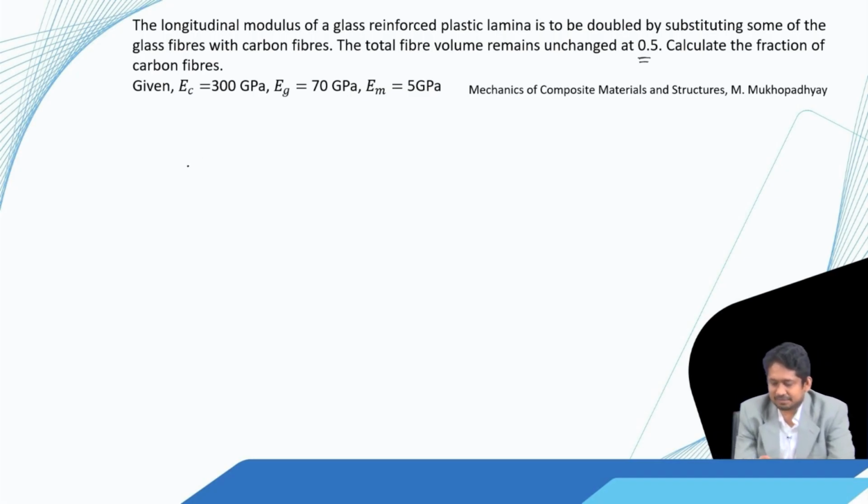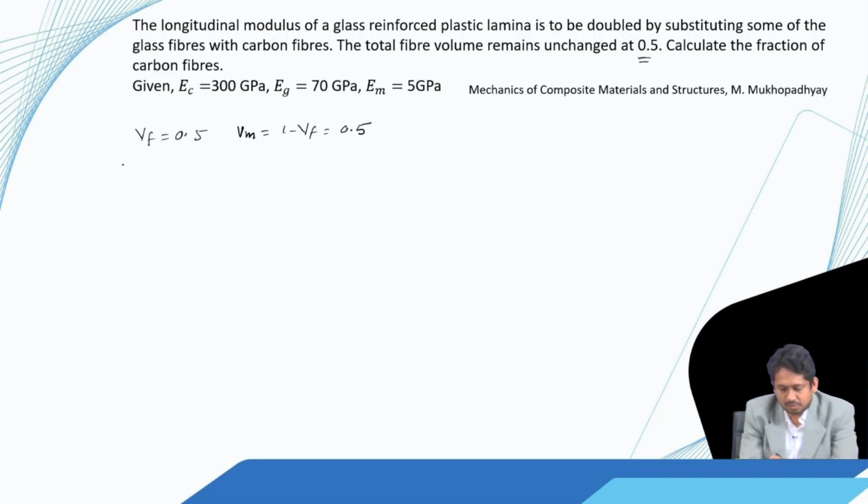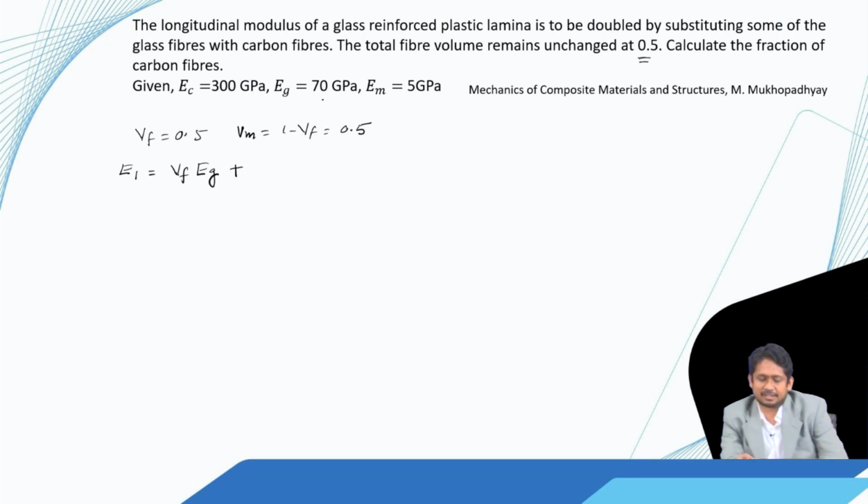So, to do that, let us find out the elastic modulus before adding the carbon fiber. So, for E1 we have been given Vf is equal to 0.5 and naturally Vm becomes 1 minus Vf and that is also 0.5. So, E1, elastic modulus along direction 1, is Vf multiplied by Ef plus Vm multiplied by Em. So, for this glass fiber the elastic modulus is 70 GPa.